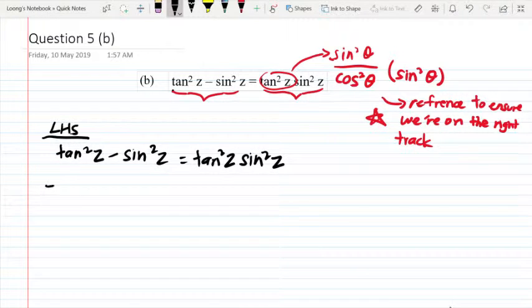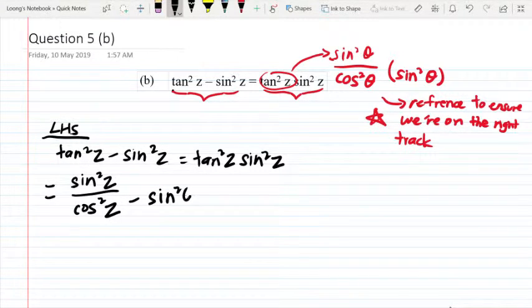So here, tangent square z can be derived from sine square z over cos square z, which is also another example of basic trigonometry identities. And here, minus sine square z.